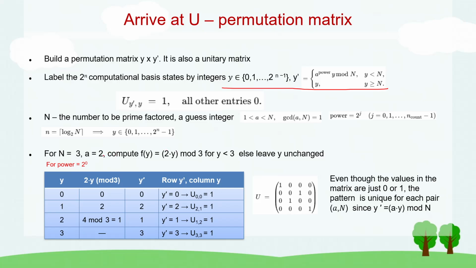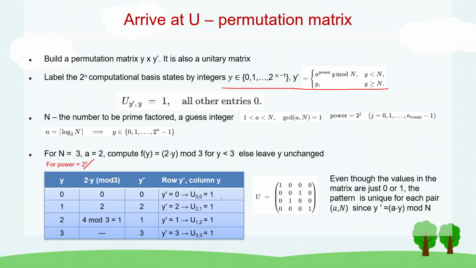A to the power of 2 to the power of 0 is 1, so you get a, which is 2 only. So 2y mod 3: 2 into 0 is 0, so y dash is 0. 2 into 1 is 2, mod 3 is 2. 2 into 2 is 4, mod 3 is 1. 3 is written as it is. Now you have y dash for every y value.